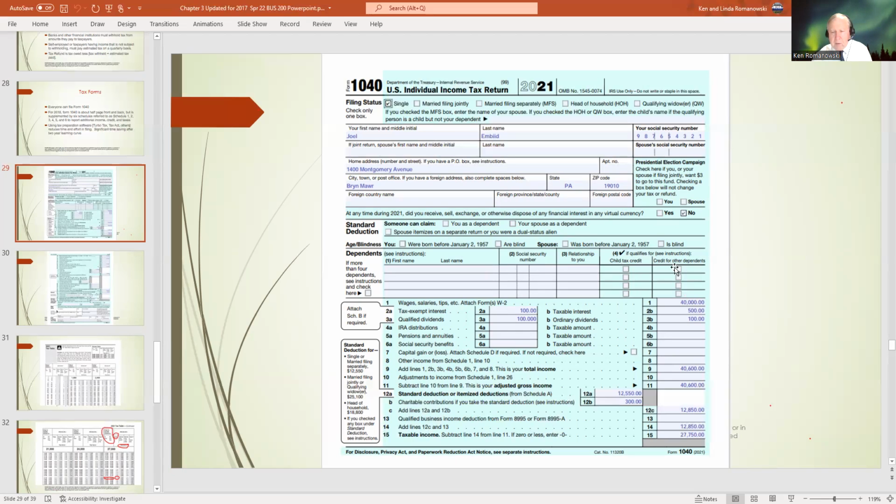So moving right down then to line 1. Here you would put down your wages, salaries, tips, things of that nature. When your employer gives you the final number at the end of the year, they should give you what is called a W-2 form.